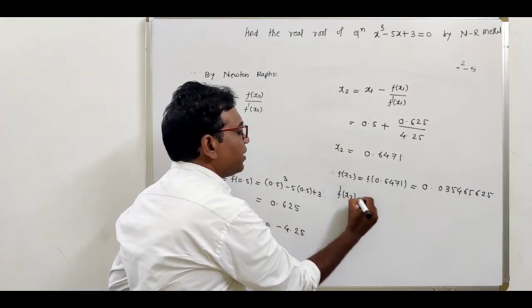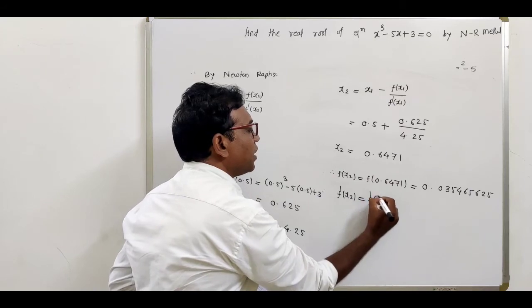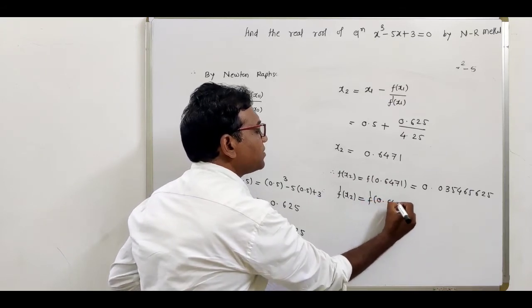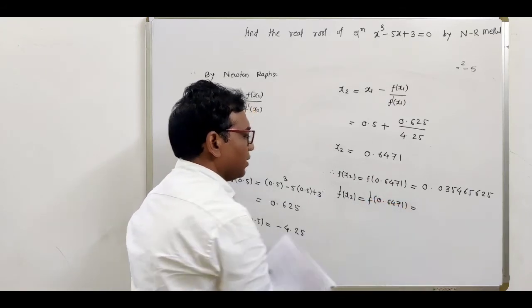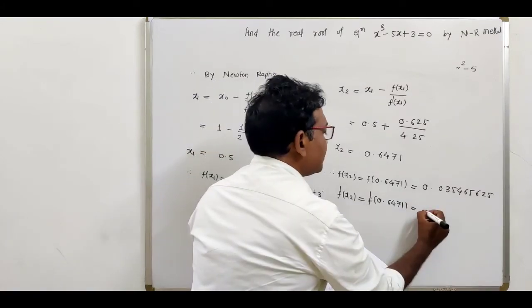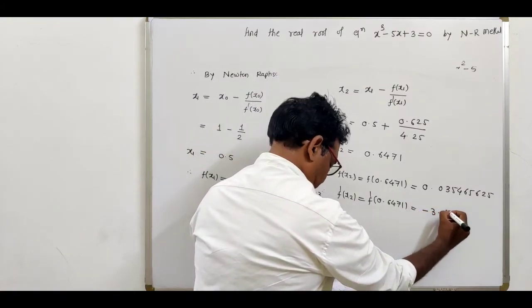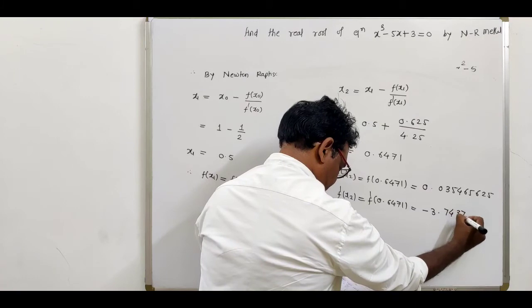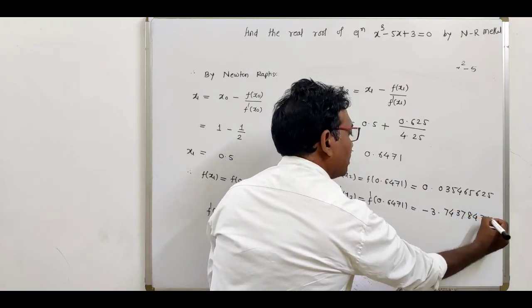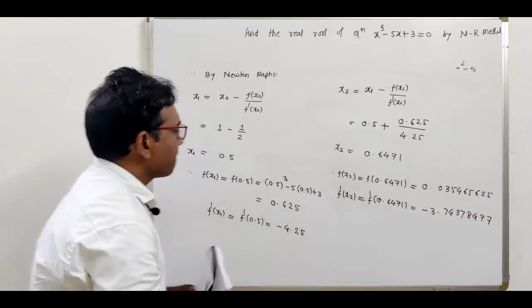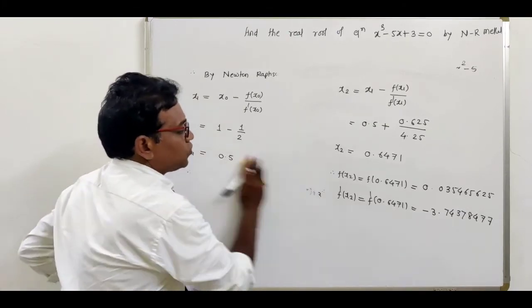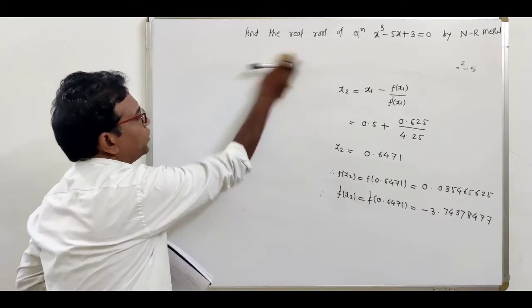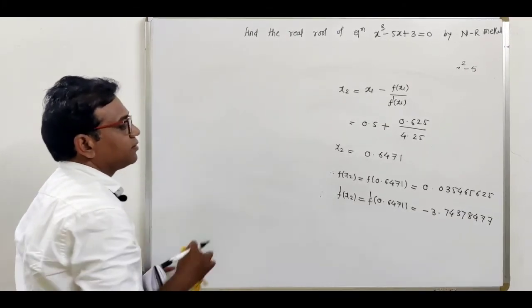Find out the functional value f dash x2: f dash 0.6471 is minus 3.74378477. So find out the next approximate root, that is x3.